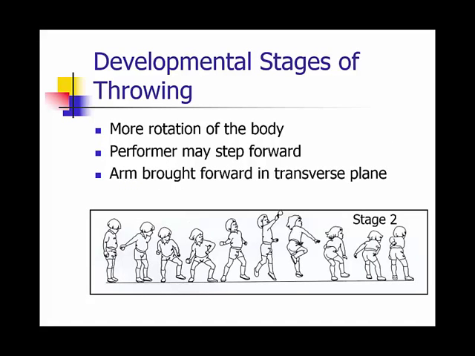This progresses to stage 2, where we see more rotation of the body around an imaginary vertical axis. The performer may step forward with either the ipsilateral or the contralateral pattern, so either the same foot or the opposite foot, and the motion may resemble a slingshot rather than a throw because of the extended arm position during the course of the throw.